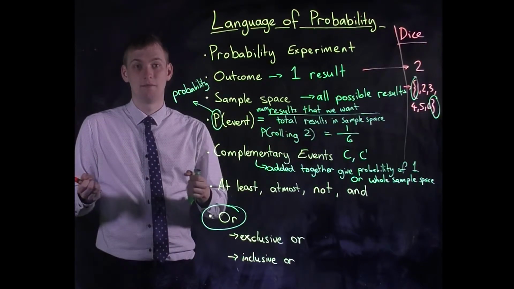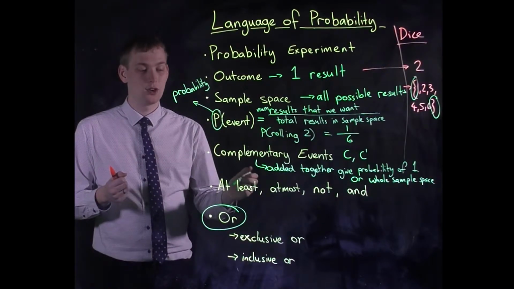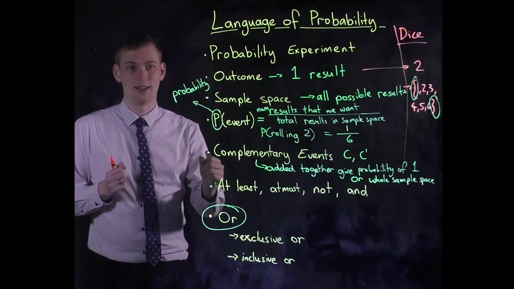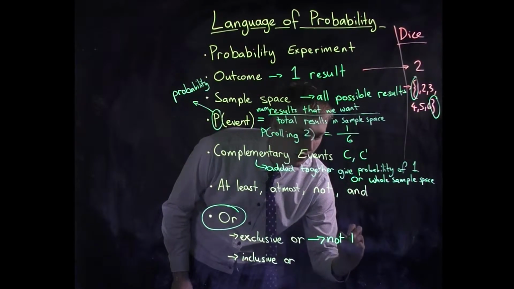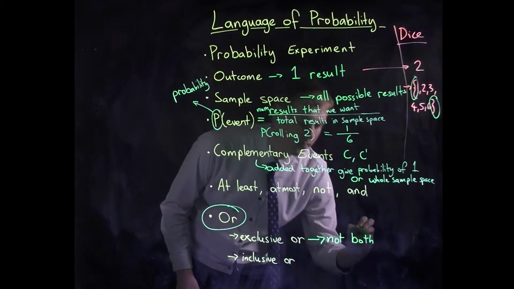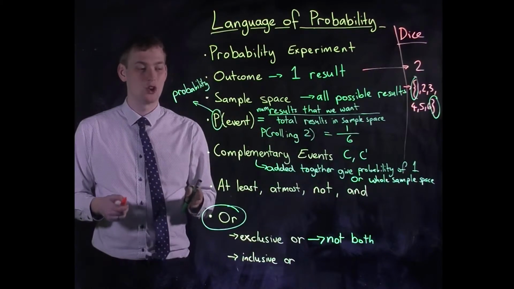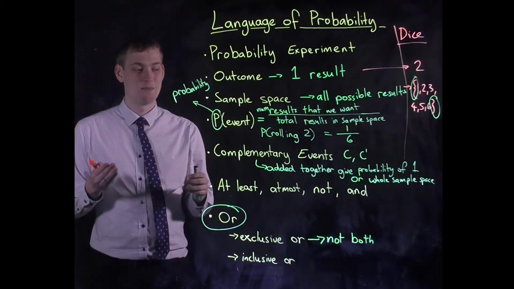Or it could mean I want this one or that one, or I want both of them. So exclusive or is the one that just has one or the other. It's going to be the not both. That would be something like, what's the probability of rolling a 6 or flipping a coin and landing on heads, but not getting both?